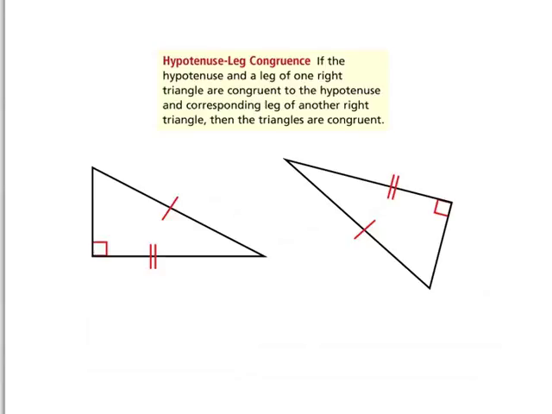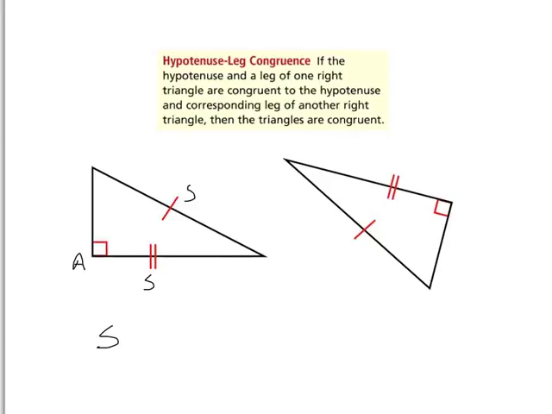The hypotenuse-leg congruence says, if the hypotenuse and leg of a right triangle are congruent to the hypotenuse and the corresponding leg of another right triangle, then the triangles are congruent. Now usually we see something like this, where we've got an angle and a side and this other side, but the angle is not the included angle.